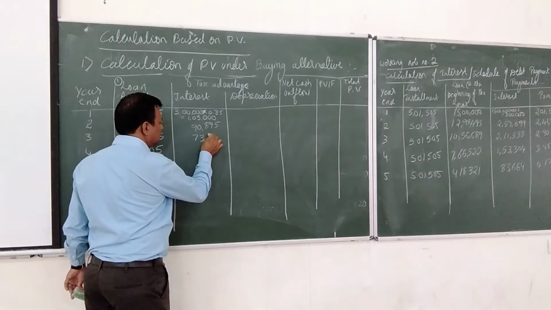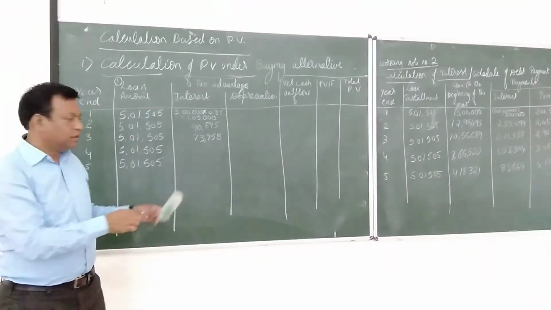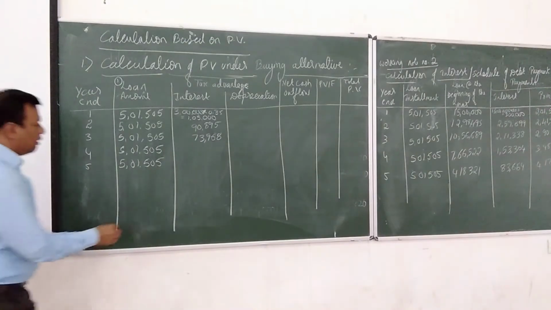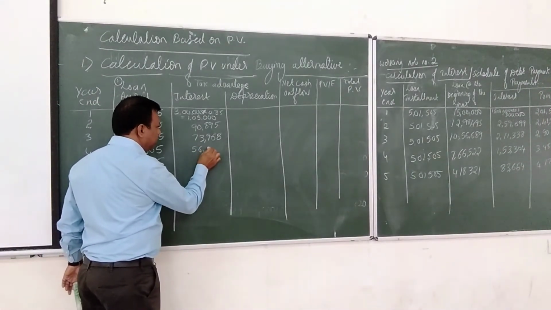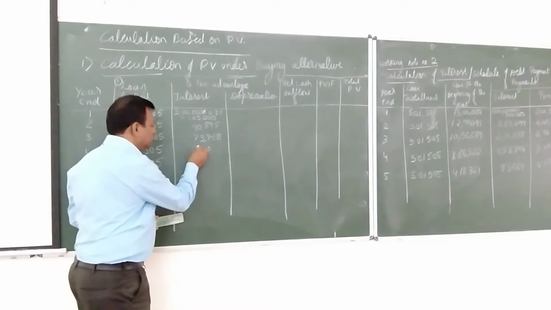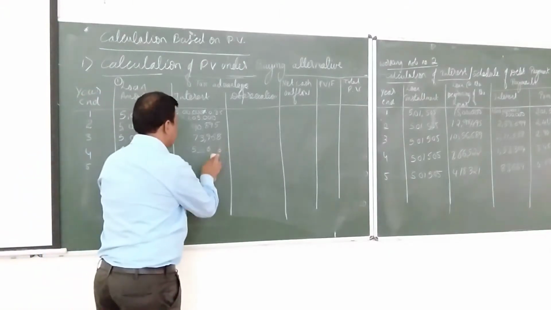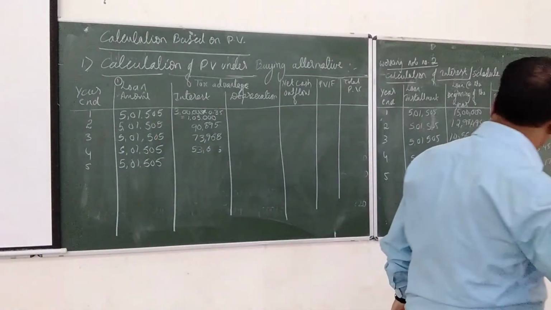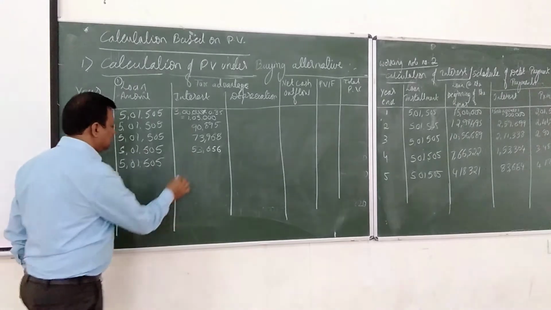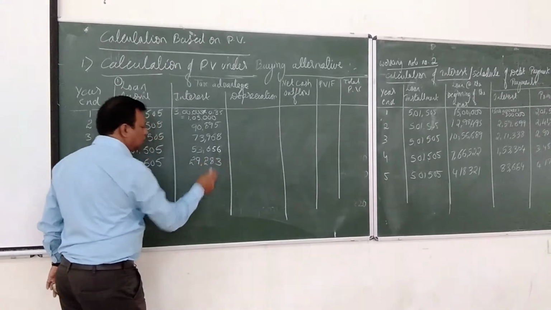17,000. 58 or 68? Next is 50. 53,000. So 50 plus 656. 280. 2, 3, whatever.